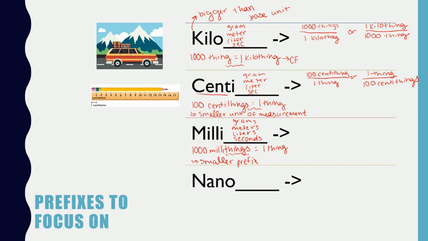And again, we can write this as a conversion factor in our dimensional analysis. Because if I have 1,000 milli things, like 1,000 milliliters, that is the exact same thing as saying I have 1 thing, or this, I have 1 liter. Or again, depending on what I'm trying to cancel out, I could write that as 1 thing over 1,000 milli things.